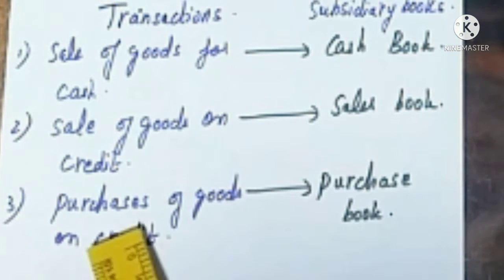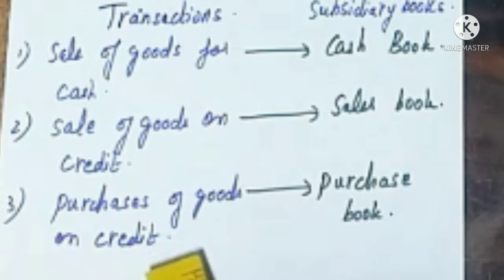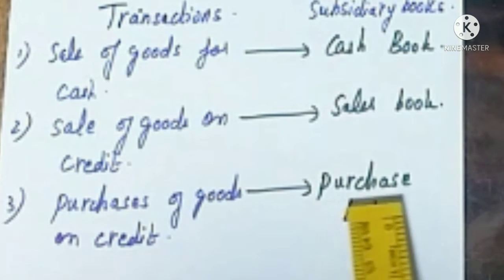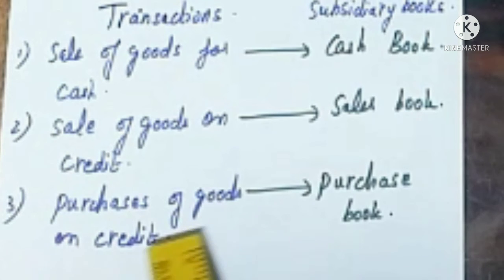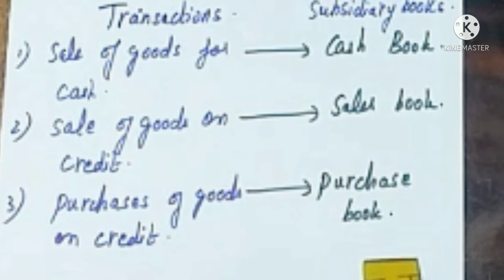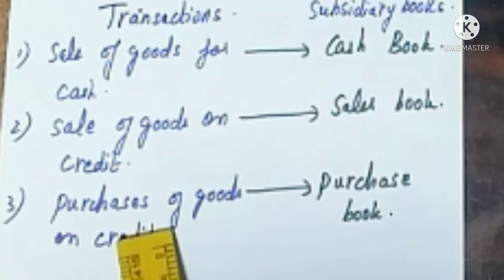Next one, purchases of goods on credit. Here also purchases are made on credit. All credit transactions will find place in subsidiary books. So we have to open purchase book and record this purchase of goods on credit in purchase book. What is the entry for purchase of goods on credit?